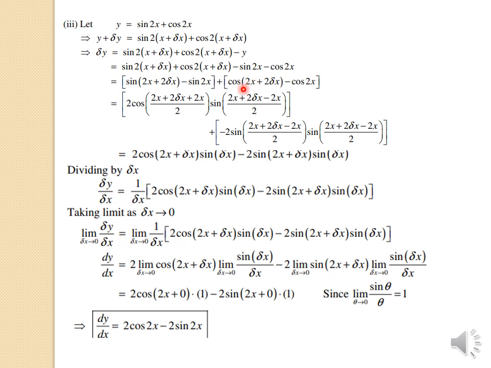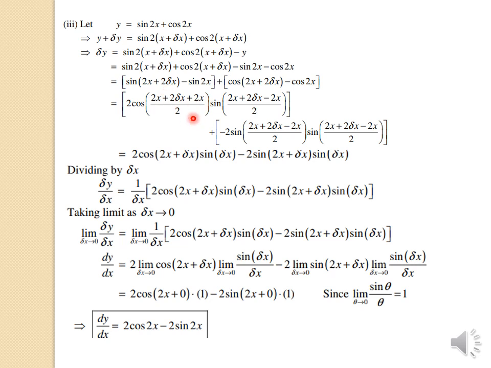And here we put the formula of cos alpha minus cos beta. What is the formula of cos alpha minus cos beta? Minus 2 sin of alpha plus beta upon 2 into sin of alpha minus beta upon 2. Here is a typing mistake, so it is not minus, it is plus. So alpha plus beta upon 2 and alpha minus beta upon 2.